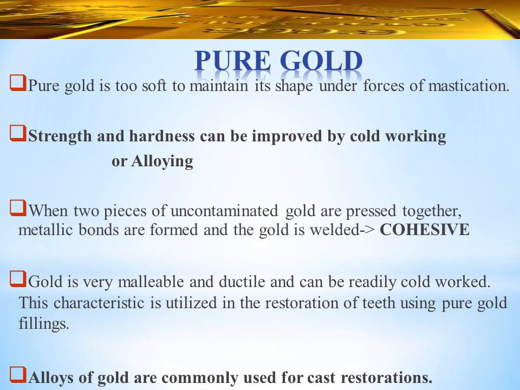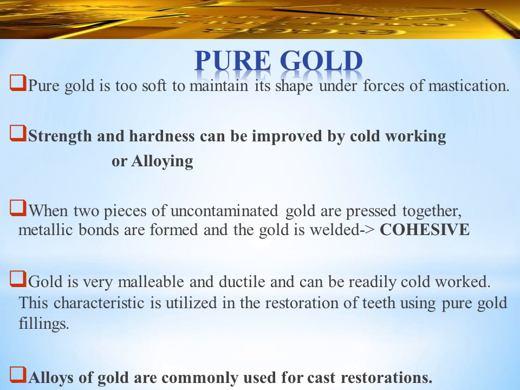So basically, we will be studying about how gold is manipulated for direct fillings. If two pieces of pure gold are pressed together, metallic bonds are formed at the points of contact. And that is why gold can easily be cold worked at room temperature. And this is also called cold welding or cold working. This is basically an example of cold working.